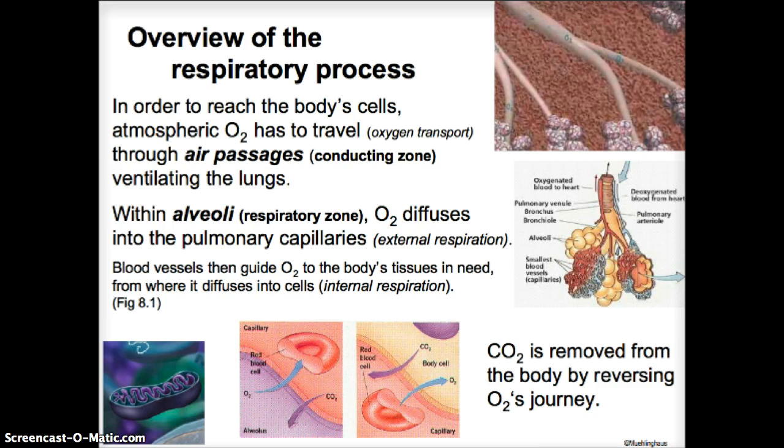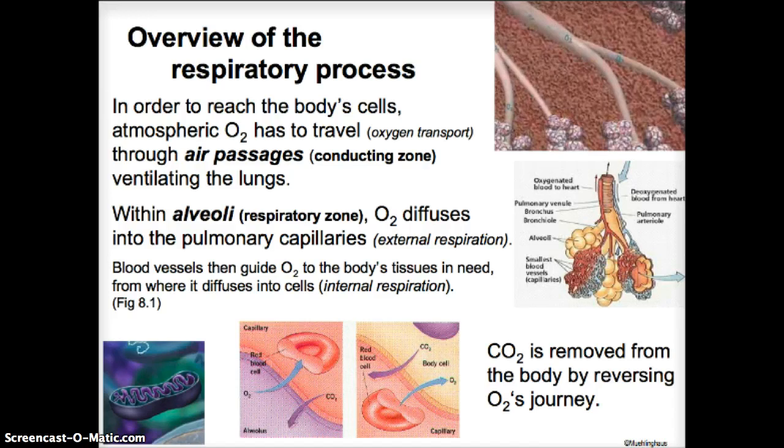And then within the smallest little air sacs, the alveoli, where we have the gas exchange, the oxygen will go from the air into the blood. So it will diffuse into the pulmonary capillaries. The alveoli is the respiratory zone in the lungs, which means we have a gas exchange.